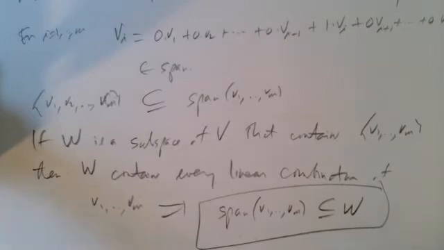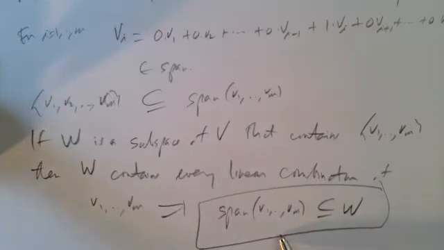So this means that this is the smallest subspace of the vector space that contains the vectors V1 up to Vm, because this is a subspace and it's contained in every subspace that contains V1 up to Vm.